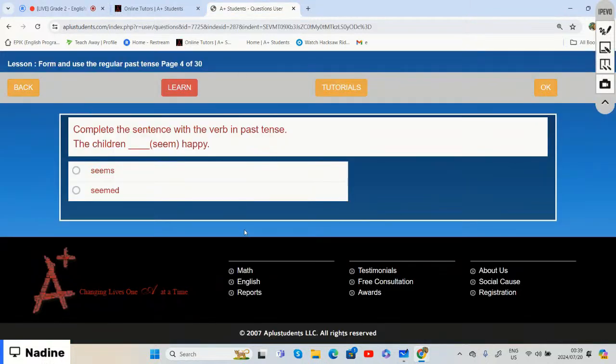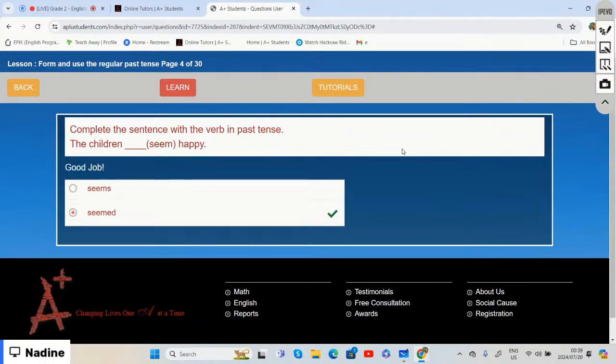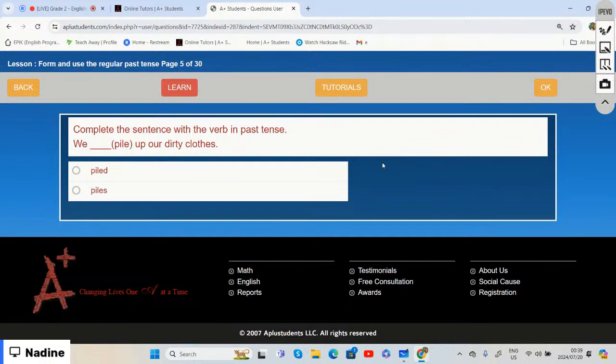All right, so we can say that the children, if we add an ed to our base word, then we say the children seemed happy, right? So well done.